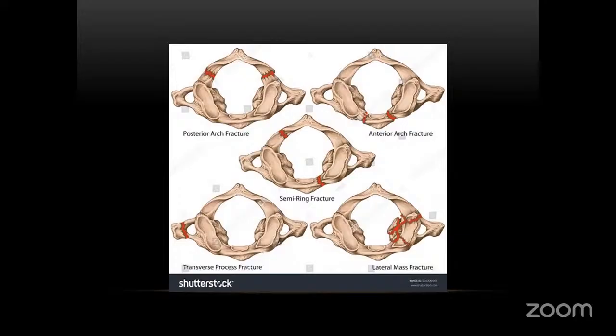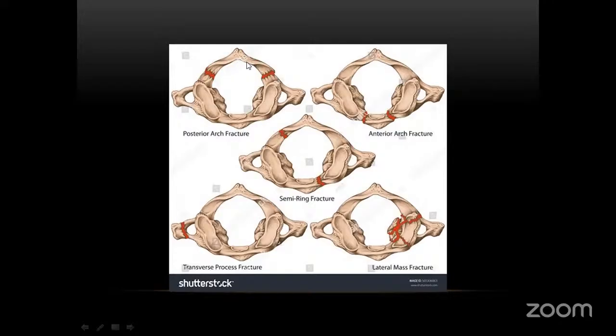Type 3, type 4. Burst fracture and lateral mass fracture are unstable. Again, there is only one indication of instability here. We can say that these are unstable, and they can go to surgical intervention.